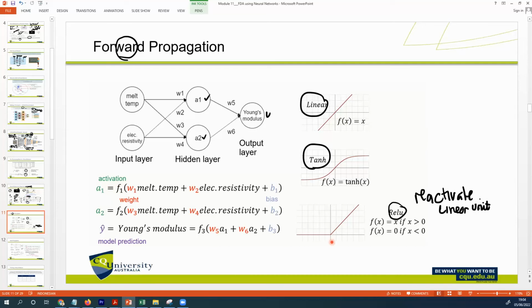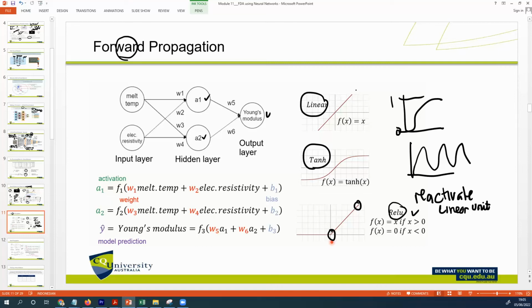The most common activation function for bending the line is ReLU, the most advanced one, because it can do like this: this one bends, this one bends, this one bends. Sigmoid only goes between 0 and 1.